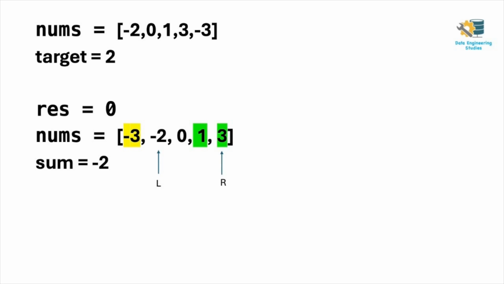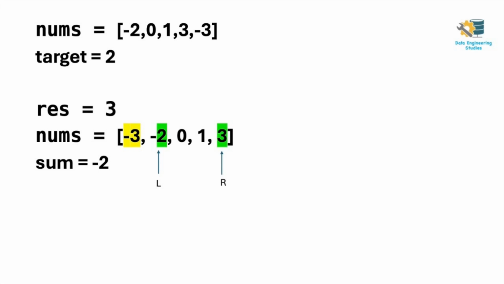If you take the sum of these triplets, it will also be less than the target. Hence, we add to the result the index position of the right pointer minus the index position of the left pointer. That is 4 minus 1 equals 3. Hence, our result becomes 3.